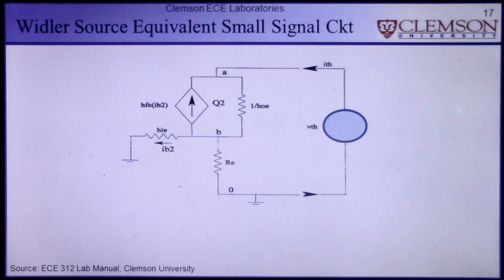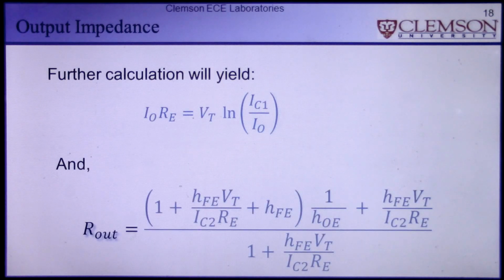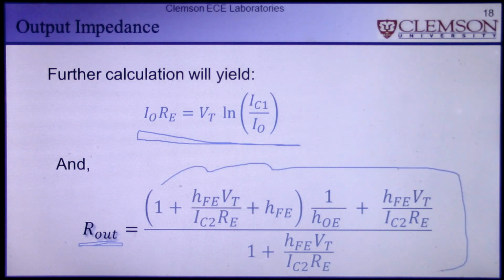And this is the equivalent small signal circuit, and these are the values that we actually get. R output is this. I actually skipped the part where we talk about the derivation, which is pretty tedious. It's in the lab manual. If you want, you can take a look at that. And the R output is given by this equation, and it is a really big expression.